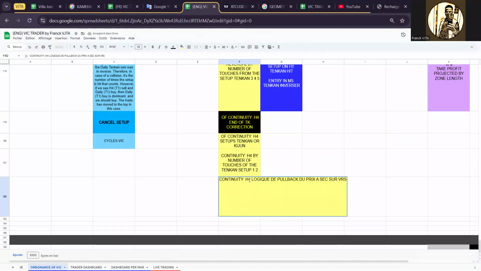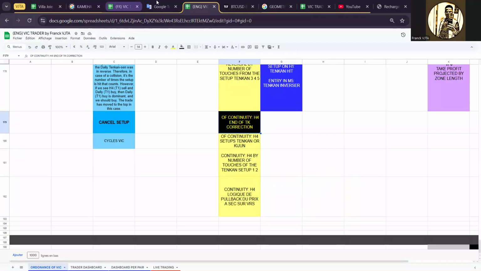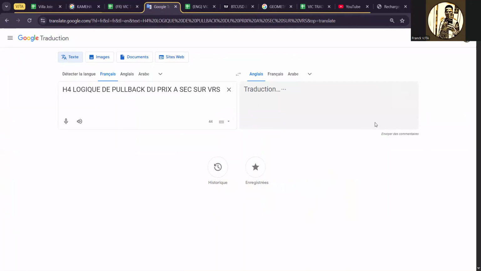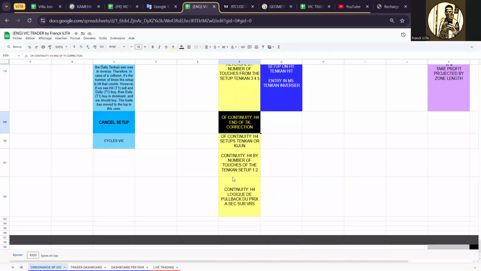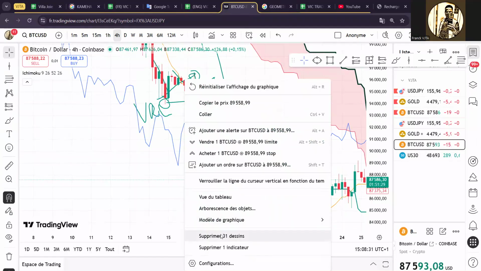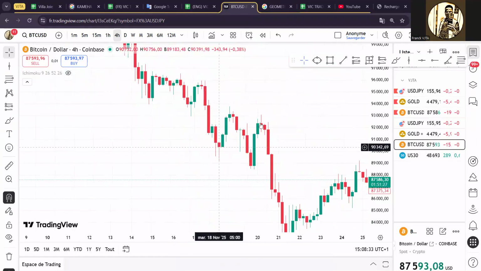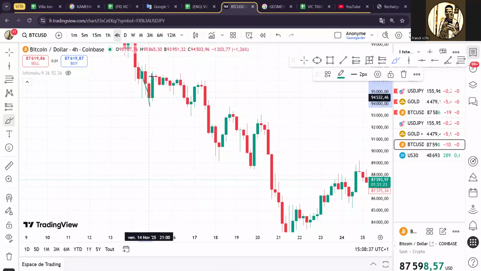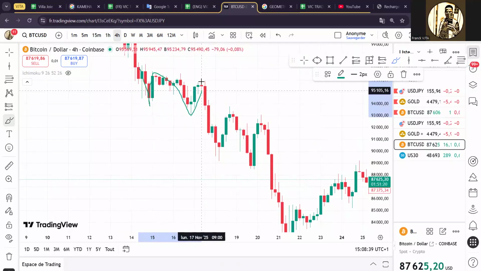Even this one, logical. Let me talk about this one. Okay, for this one, right? If you put the dry price, you remove Ichimoku, you will realize that the price is going down like this, going down, creating this new low.